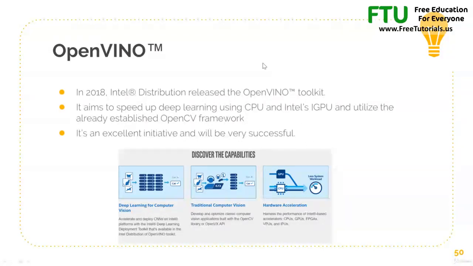And this is the new release. Intel actually distributed this release a few months ago. It's called OpenVINO. And what OpenVINO is, it's basically a way to use your CPU and Intel's iGPU to actually use the OpenCV framework to do deep learning. Because as you will see in this course, deep learning on a CPU, while very possible, is quite slow.